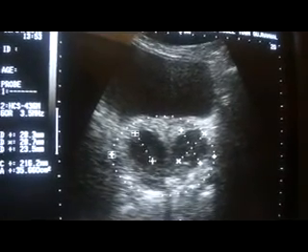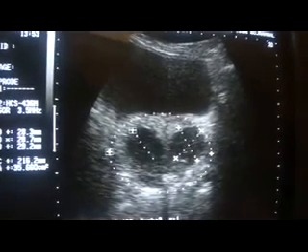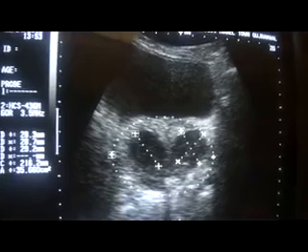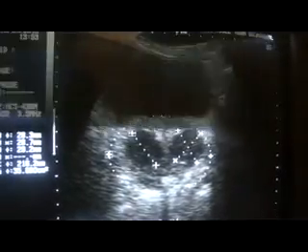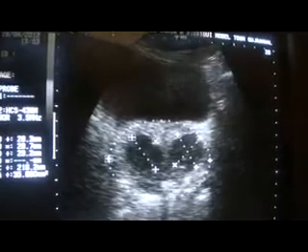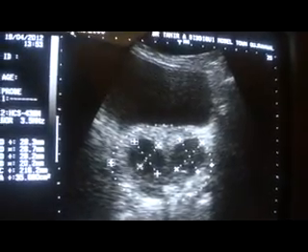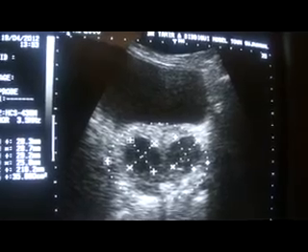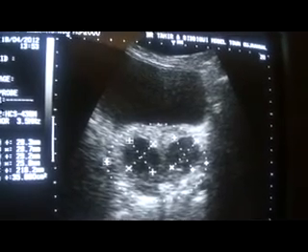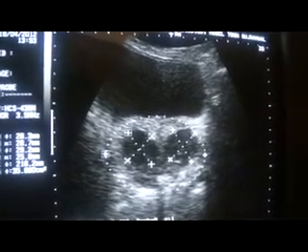Internally, thick echoes are seen filling this area. So maybe this is a thick echogenic material within these focal lesions that is preventing the posterior wall enhancement, and you can see the posterior wall very clearly.